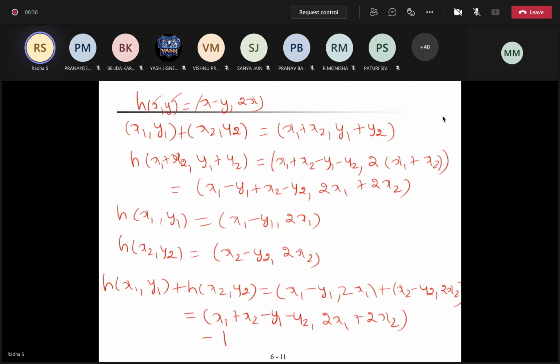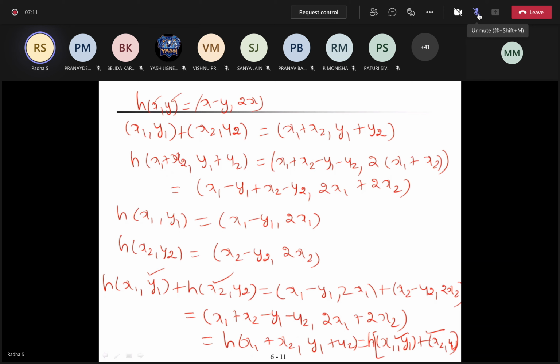So which is the same as h of x1 plus x2 comma y1 plus y2, and that is nothing but h of x1 comma y1 plus h of x2 comma y2. Proved, right? h of u plus v is equal to h of u plus h of v. So the first part is okay. We need to check only the scalar multiplication part.